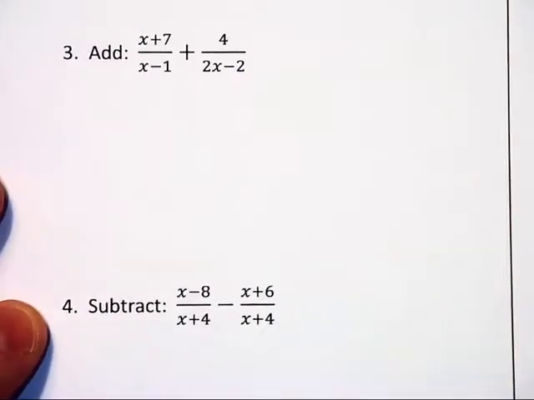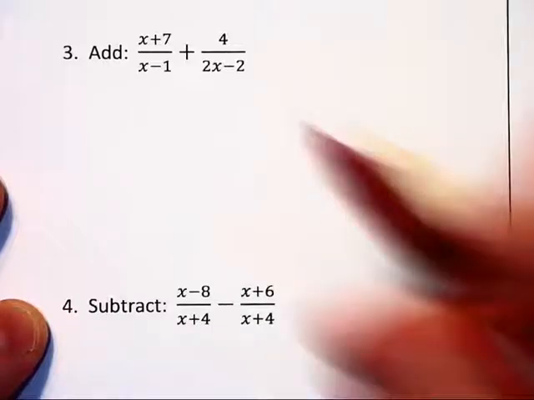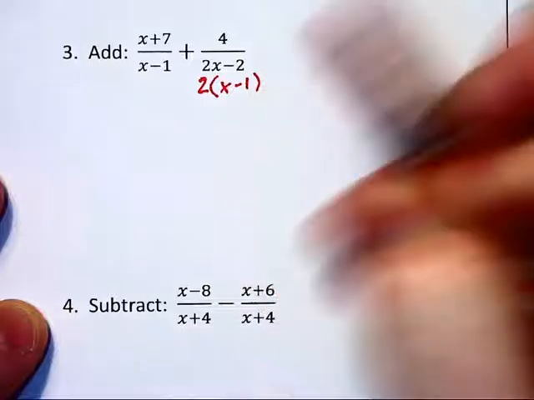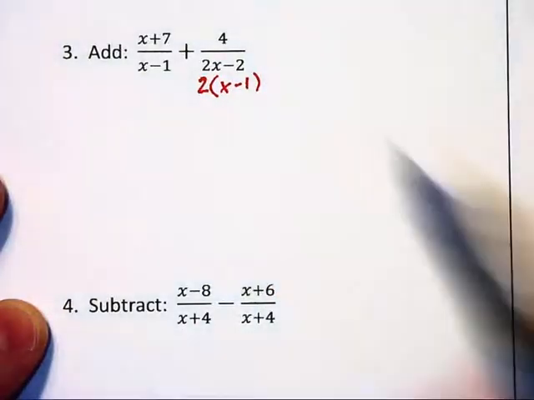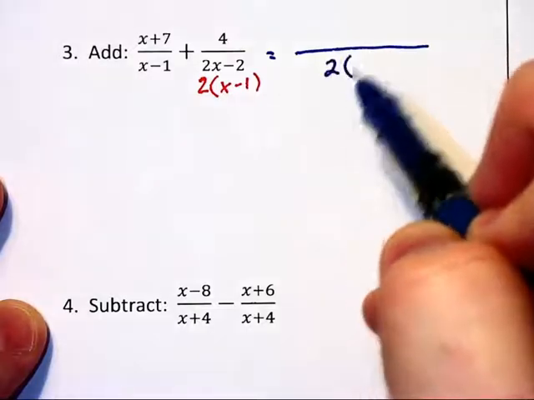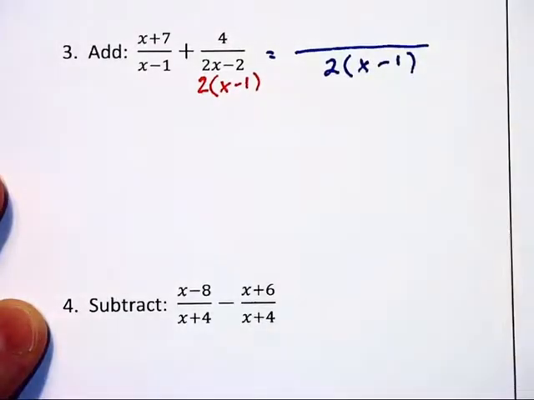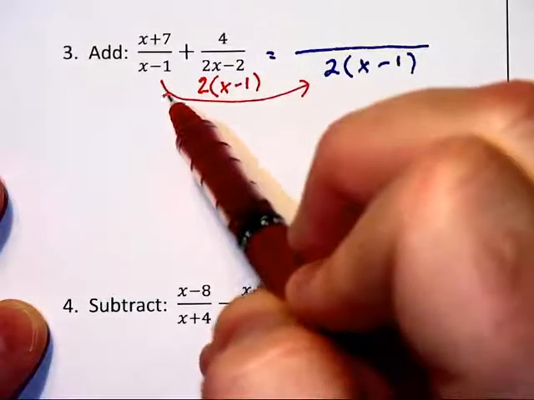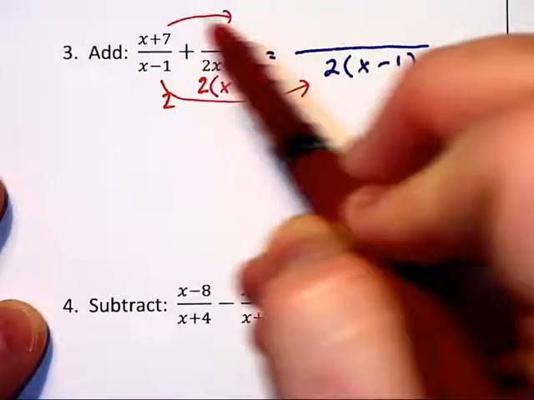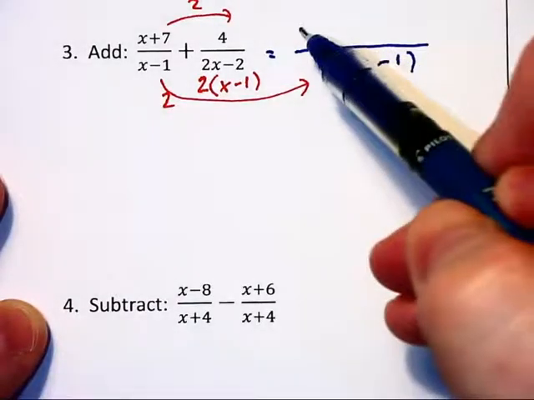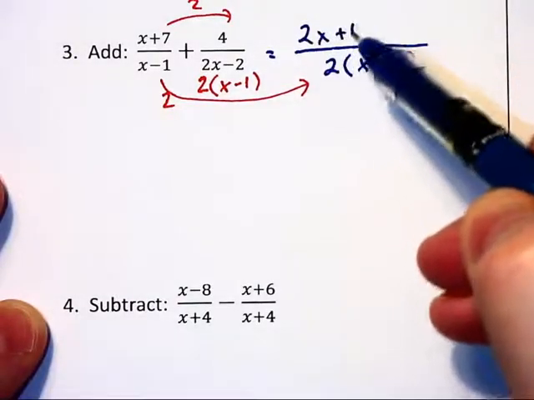In order to add, we need a common denominator, and we note that the second fraction has 2 times x minus 1 as its denominator, and that is the common denominator. So in order to subtract, we need to convert this first fraction. We're going to multiply by 2 down below and 2 up above, and the new numerator will become 2x plus 14.